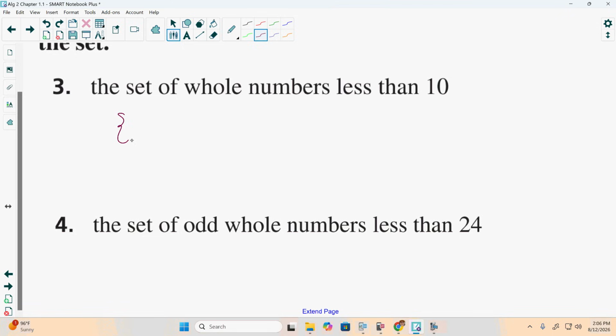What would our smallest number be? 0. So we'd say 0, comma. What's our next one? 1, then 2, and then 3, 4, 5, 6, 7, 8, 9. Since it said less than 10, not less than or equal to, 0 through 9.